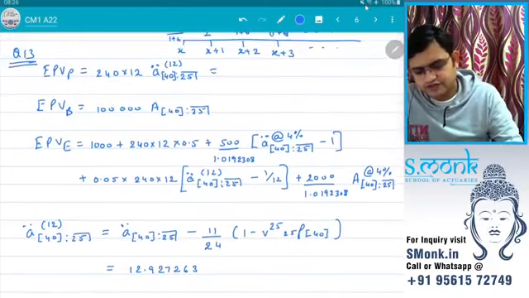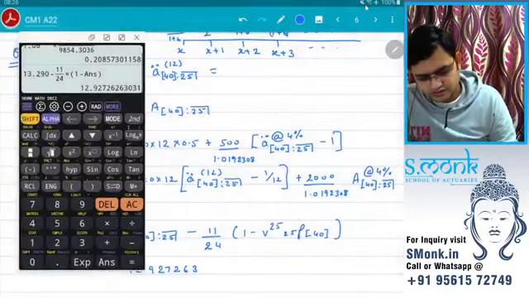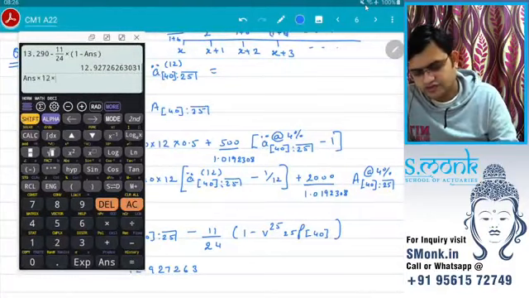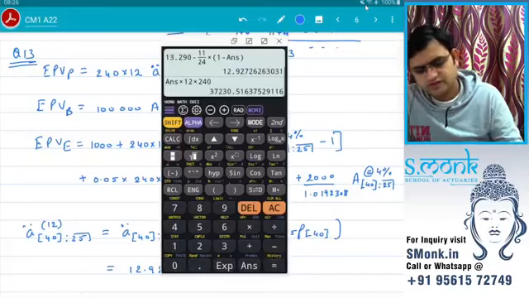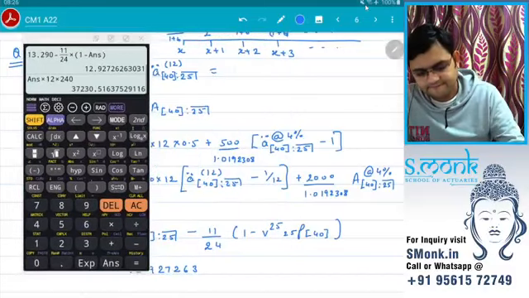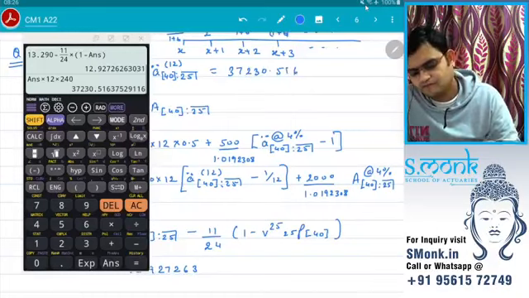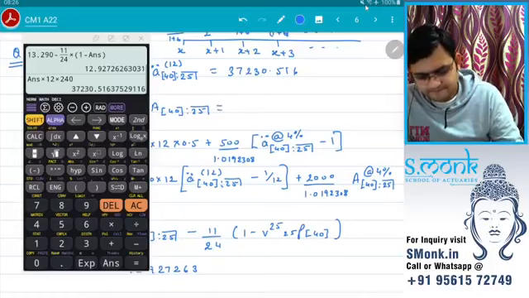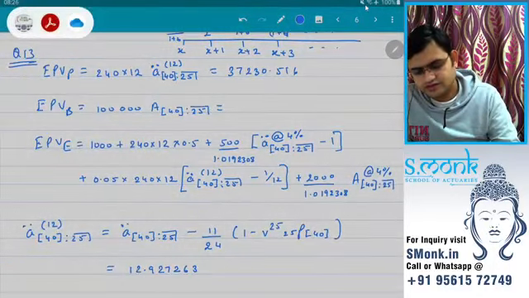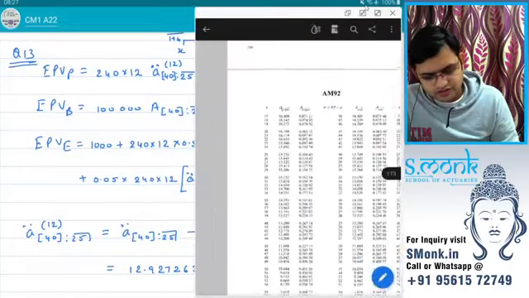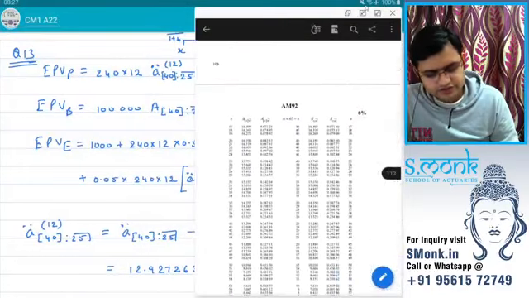So let's first write this. For benefits, we'll again be looking for 6%, same thing.